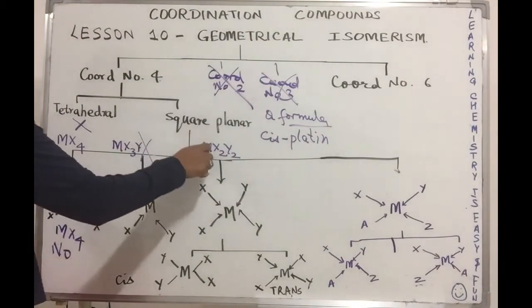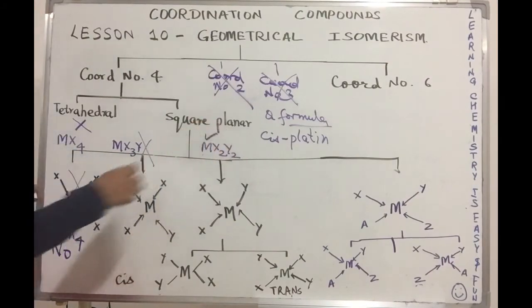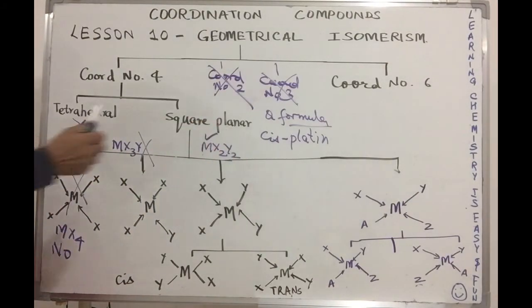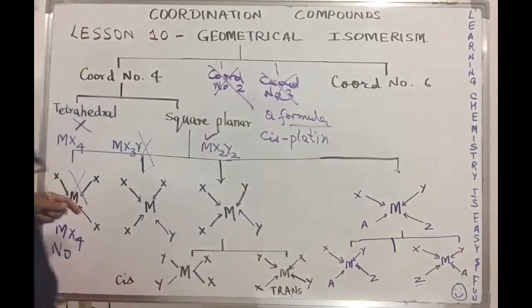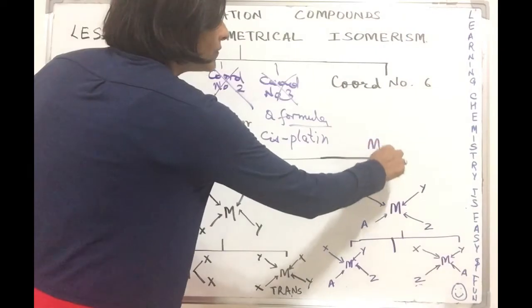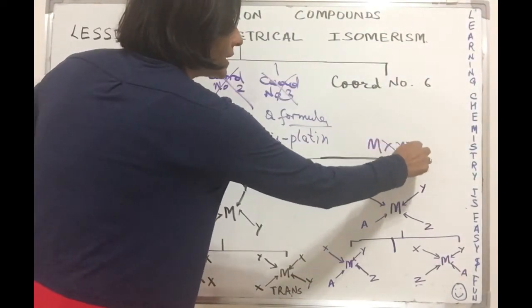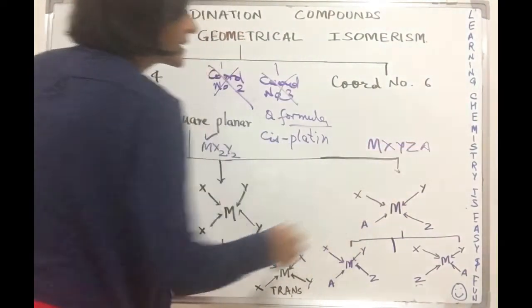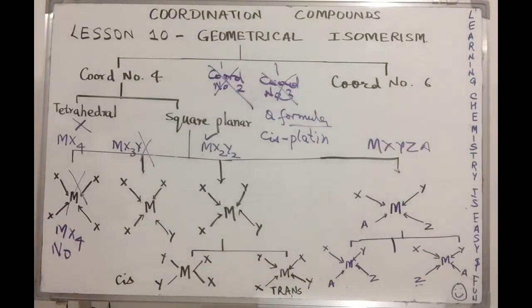So obviously MX2Y2, yes, it does show. Come to the fourth form, MXYZA. So I have 4 different ligands over here. So is there a possibility? Let's check this as well.